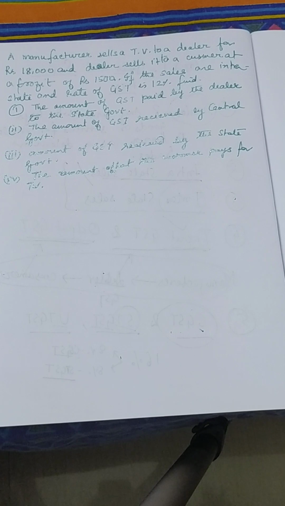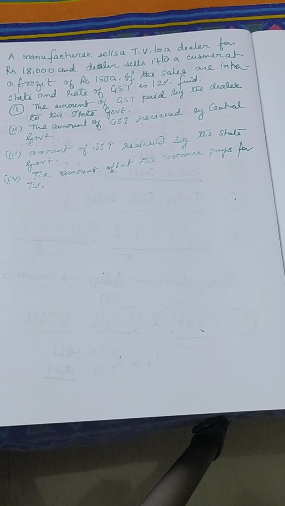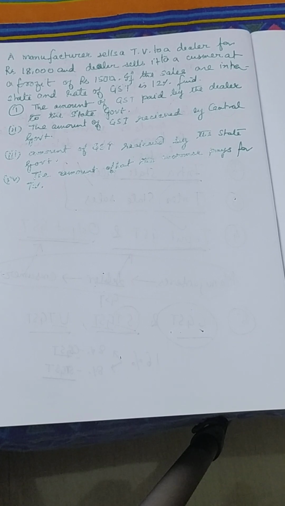Okay, so let's read the question carefully. First of all, what is the story? Some manufacturer sells a TV to a dealer at a cost of rupees 18,000. And as I told you, this business is a chain-like system.